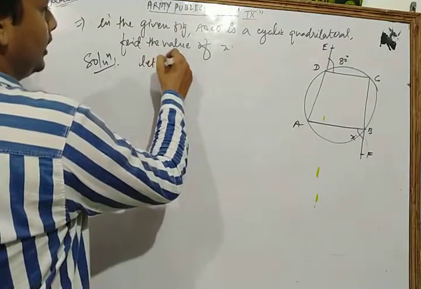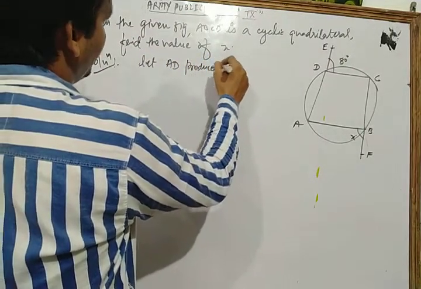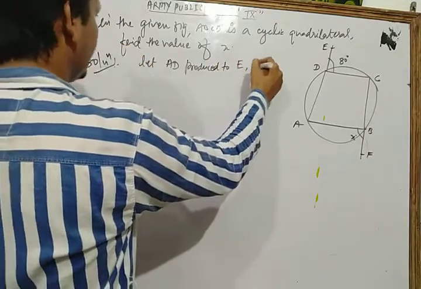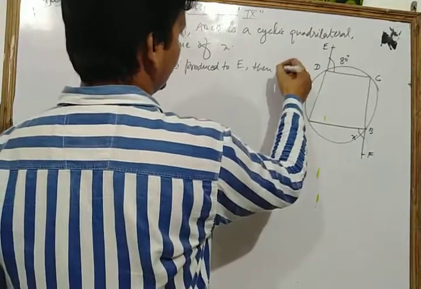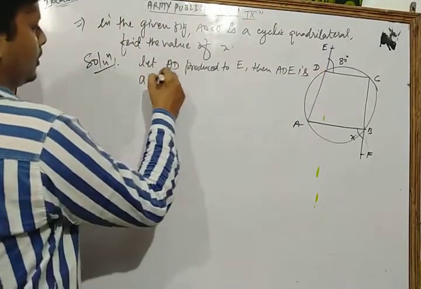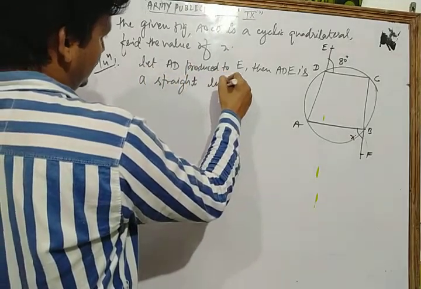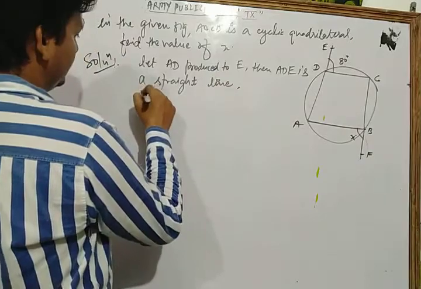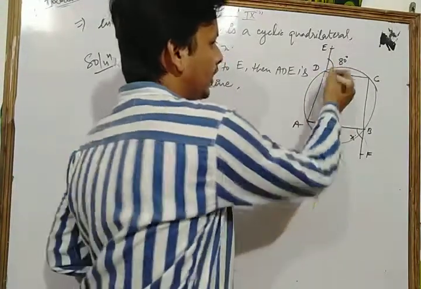Dear student, let AD produce to E, then ADE is a straight line.